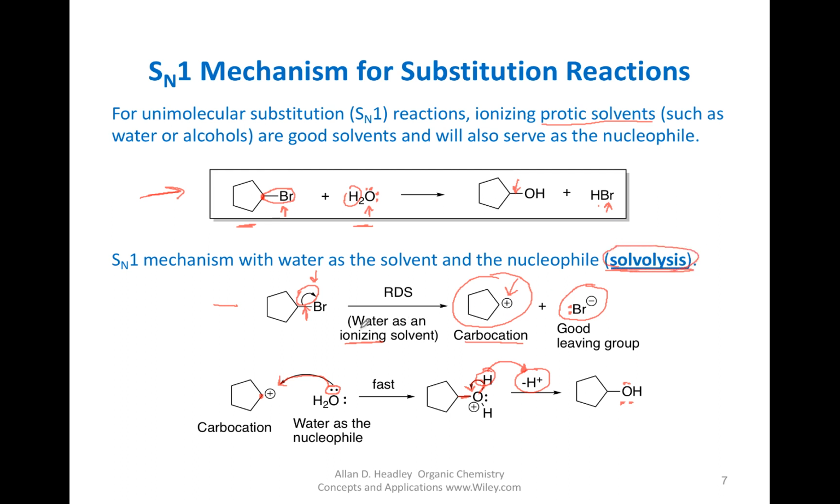Because the solvent, here's a solvent, is also the nucleophile. So SN1 reactions are also described as solvolysis because the solvent, which is the ionizing solvent, is also the nucleophile. Let's look at another example.